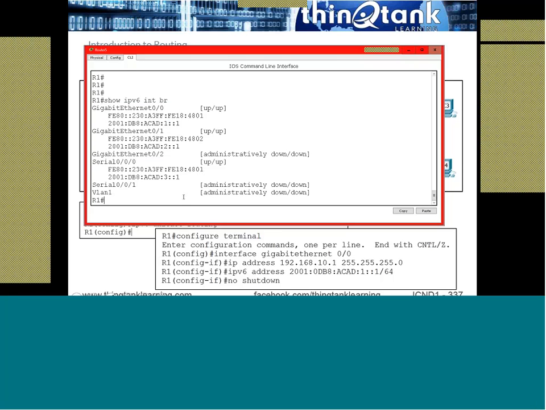You guys remember we had that discussion when we talked about the status column representing layer 1 and the protocol column representing layer 2. Well, we have the same thing here, except it's in these brackets. So the first up that you see there indicates the physical layer. The second up that you see there indicates the data link layer. Does that make sense?